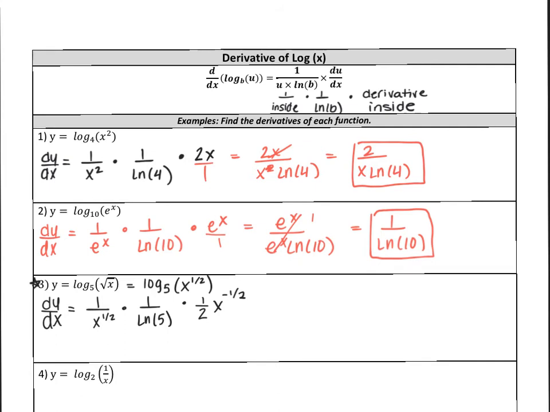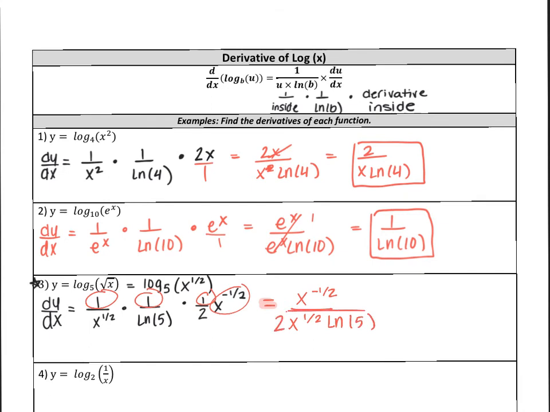So we can simplify this a bit by multiplying the tops with the tops. So we have 1, 1, 1, and x to the negative 1/2. So we can make that x to the negative 1/2 on top. And on the bottom, x to the 1/2 ln of 5 times 2.